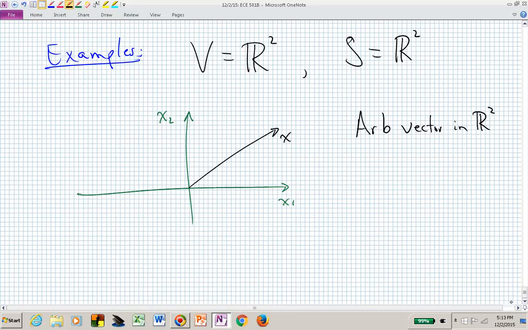How big of a list of vectors would you need to specify any given point x in R2?